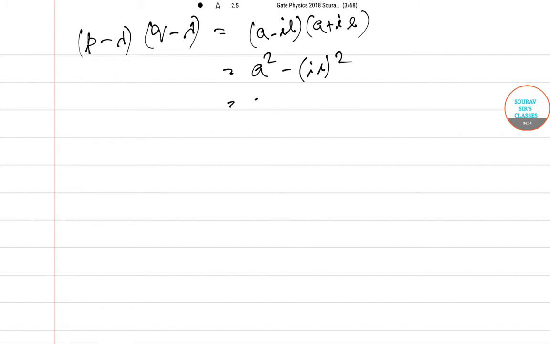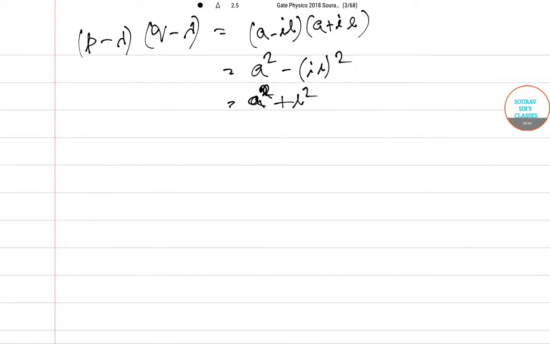Here, I square means minus 1. So, A square plus B square, as I square equals minus 1.